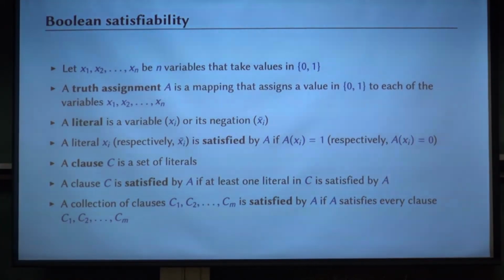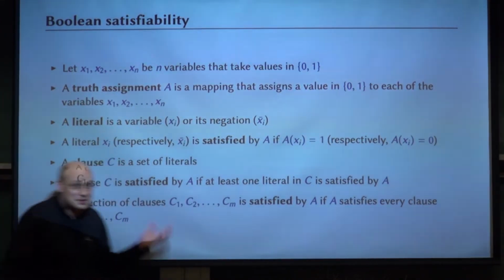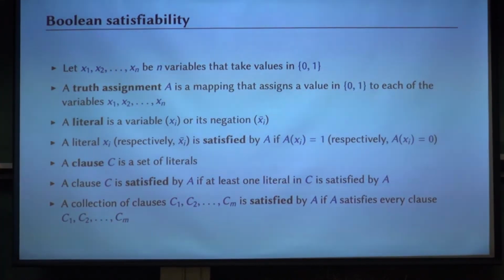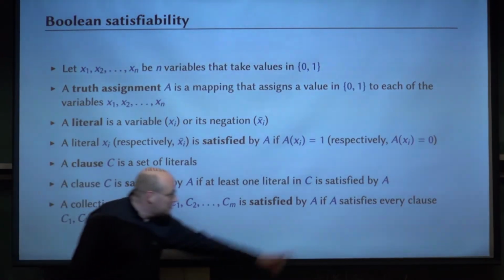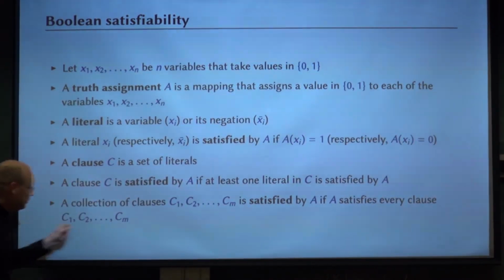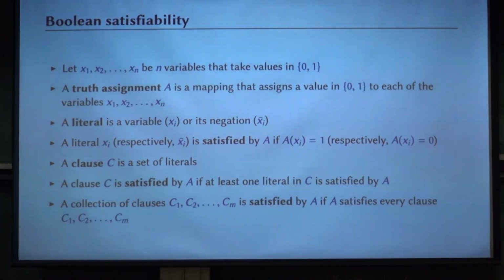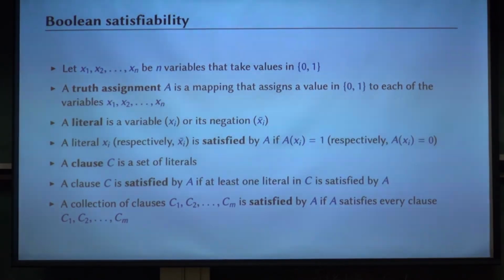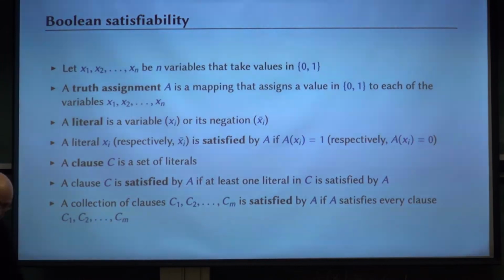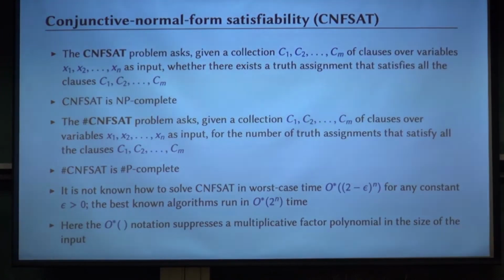We say that the clause is satisfied by a truth assignment if at least one literal in the clause, viewed as a set, is satisfied by the assignment. Then a collection of clauses is satisfied by an assignment if the assignment satisfies every clause in the set. Every single one of those needs to be satisfied by the assignment. We use C1 through Cm for the m clauses, so an instance typically has n variables and m clauses.